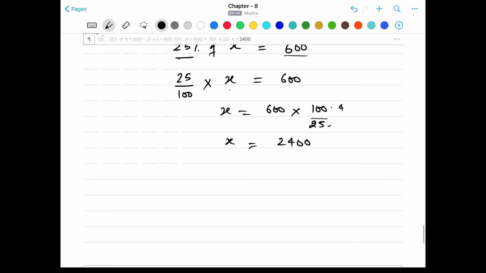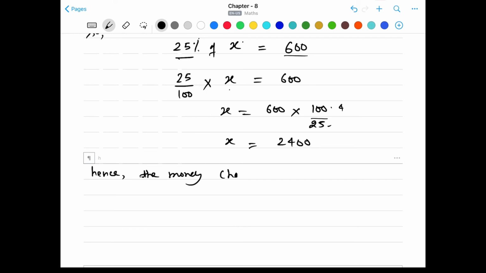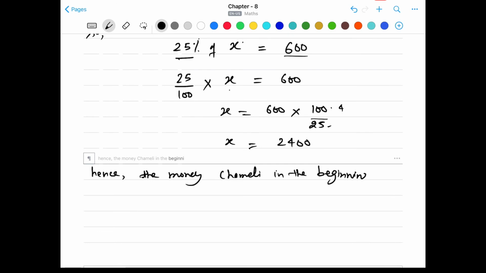So the answer is 2400. Hence the money Chameli had in the beginning is 2400 rupees.